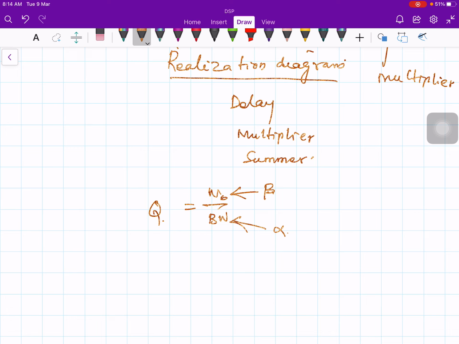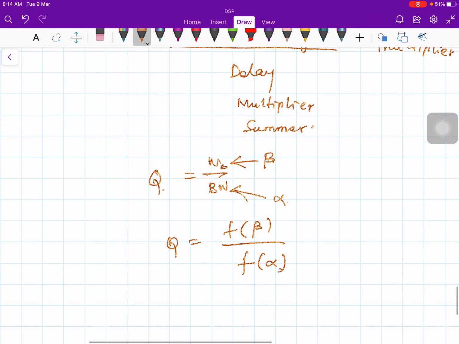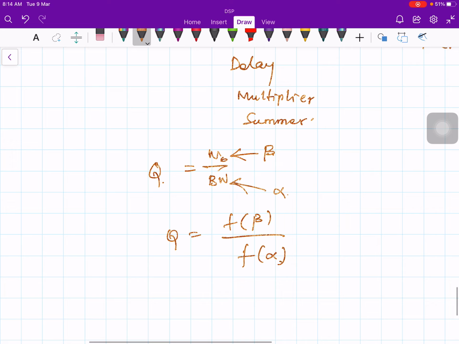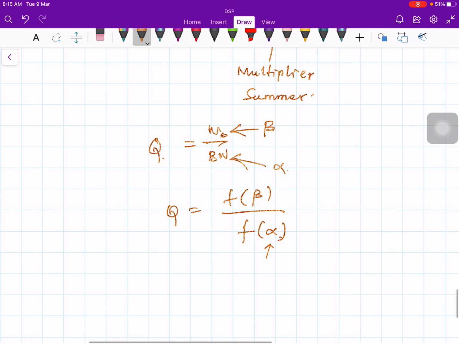Therefore Q is a function of beta, because beta controls the center frequency, and a function of alpha. Okay, now you keep alpha constant and then change beta, then you can get a series of what are called constant Q filters. That is, all filters have the same Q but different center frequency.